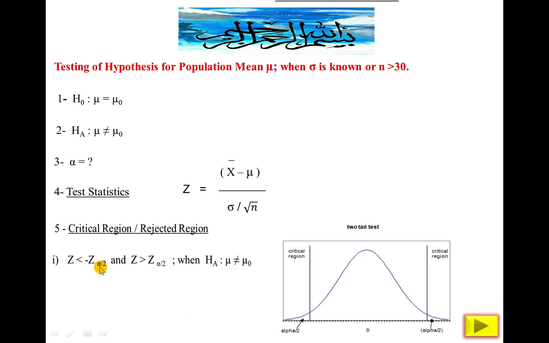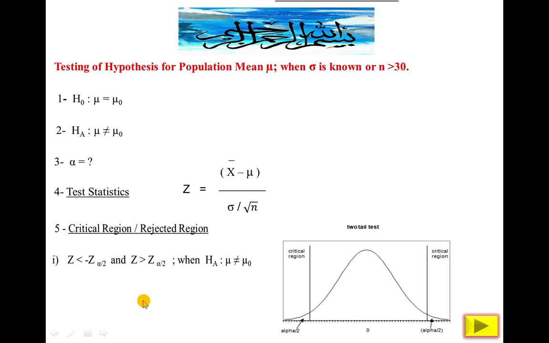If the alternate is not equal to, then we divide it by 2. Left hand side negative, right hand side positive, and the diagram is the same as previous. This notation of the alternate hypothesis is very important. If this is wrong, the critical region will be wrong, the table value will be wrong, the conclusion will be wrong, the complete question will be wrong.